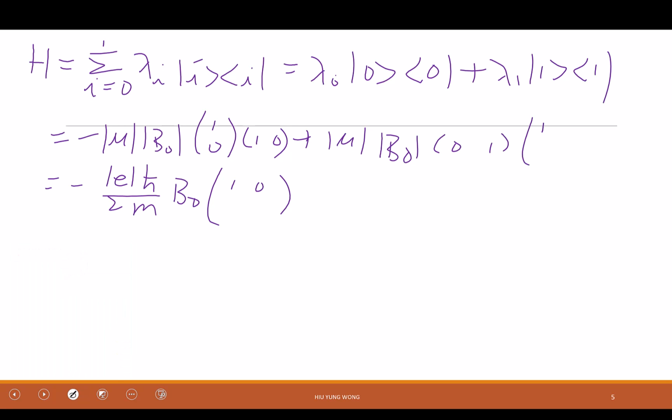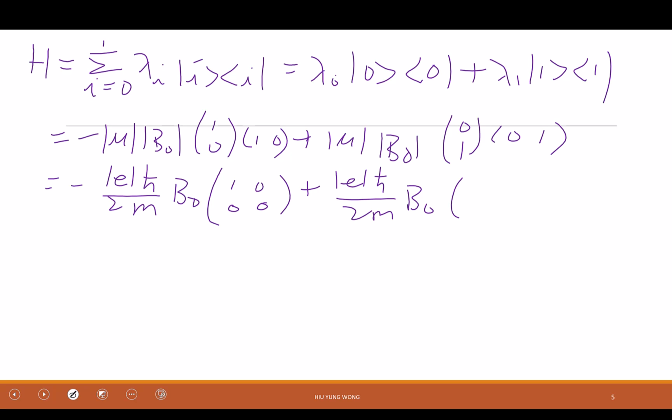So this gives me 1, 0 and row times column, 0, 0. Thank you. This one I continue with the same substitution, B0. Oh, the second one I still wrote wrong. It should be ket times bra, so it should be column times row. So this gives me 0, 0, 0, 1. You see that?